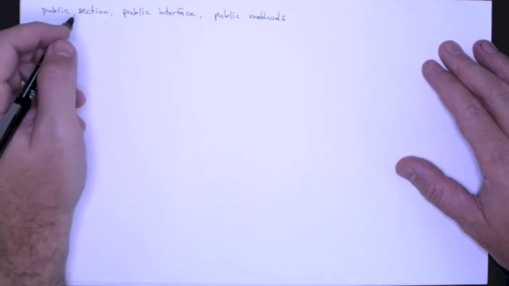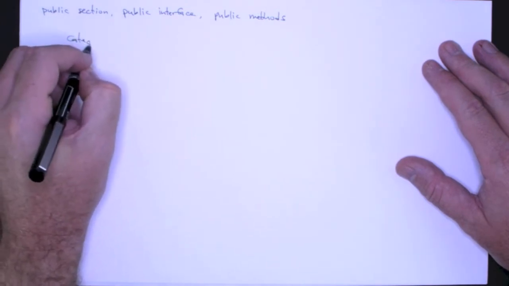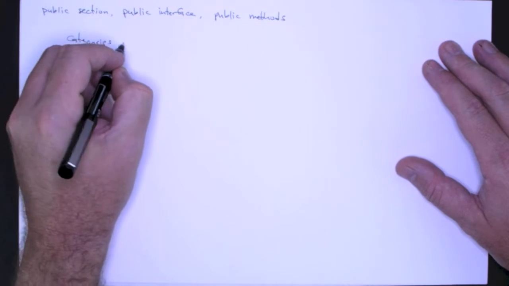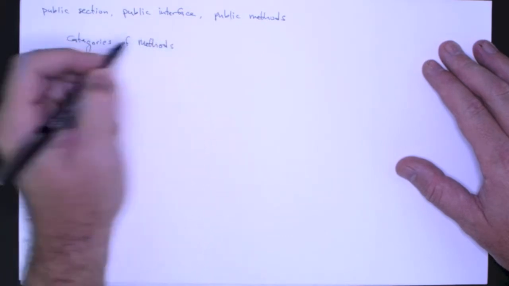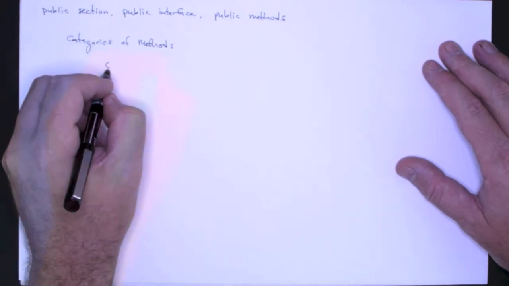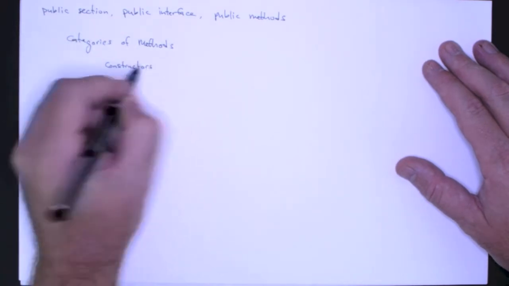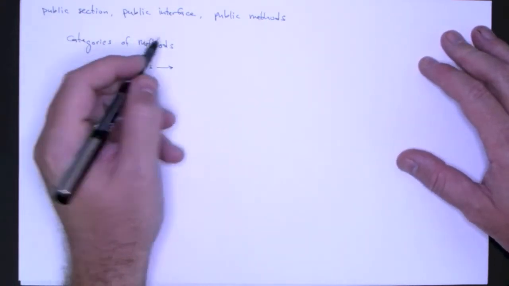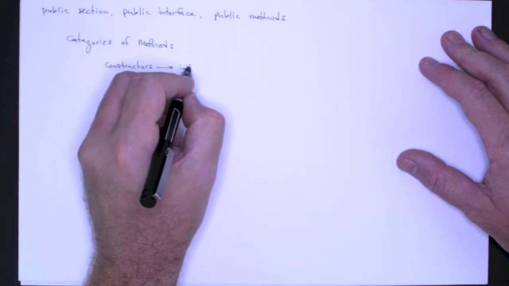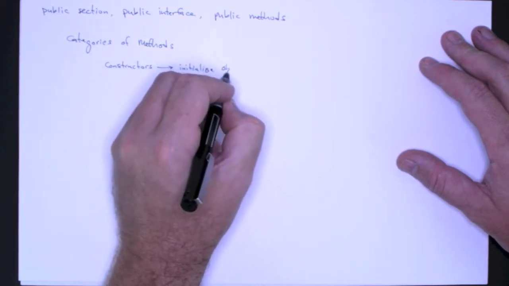And there are various categories of methods. So first of all, there are constructors. And as the name implies, these constructors initialize objects.